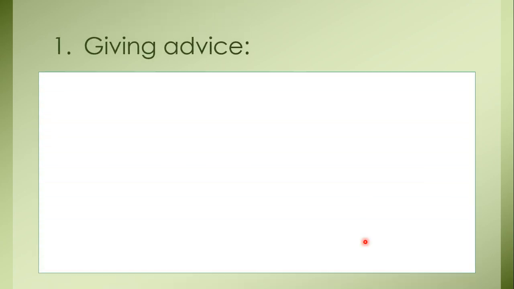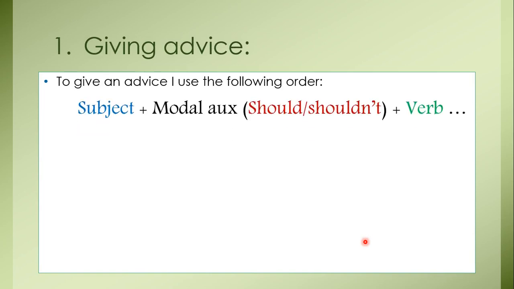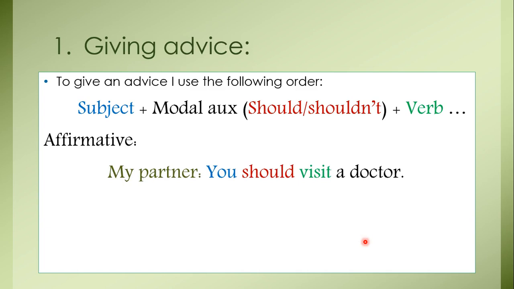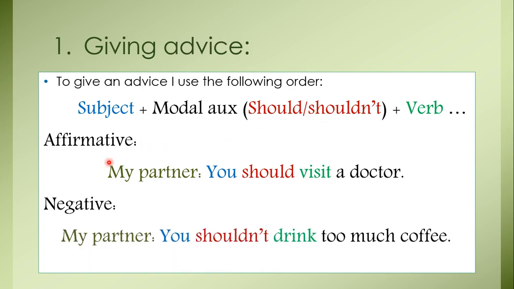After I've asked for advice, my partner comes to give me the advice. To give advice, I use the following order: subject plus modal auxiliary should plus the verb. In the affirmative, I say, for example, you should visit a doctor.